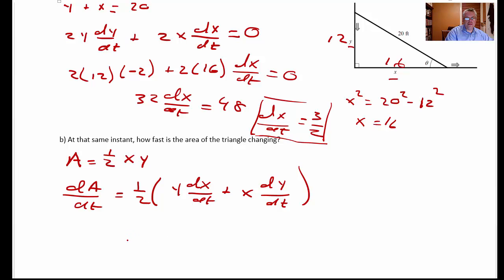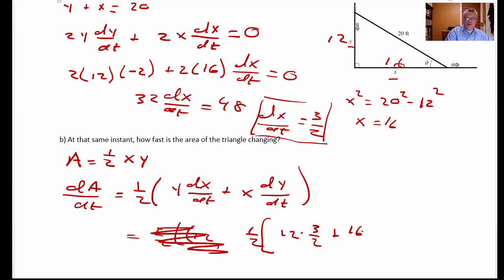Now we just got to plug all this stuff in. So I'll go 1/2 times the quantity 12, y was 12, times dx/dt, which we worked hard to figure out is 3/2, plus x, which is 16, times dy/dt, which is -2.